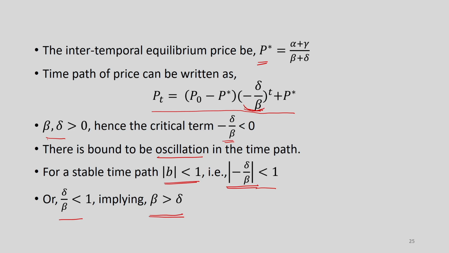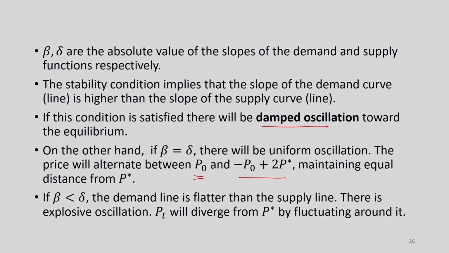So, suppose t is equal to 0. If t is equal to 0, then this part is just 1. In that case, Pt will be just equal to P0. So, that is one possible value of Pt. So, that is mentioned here P0.